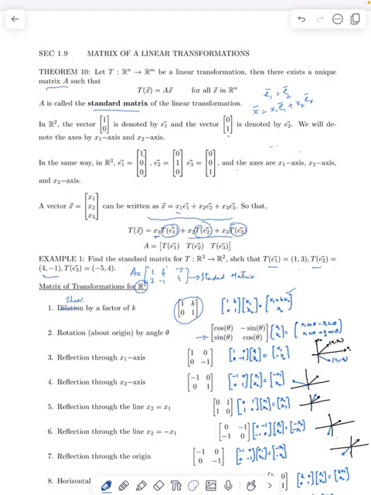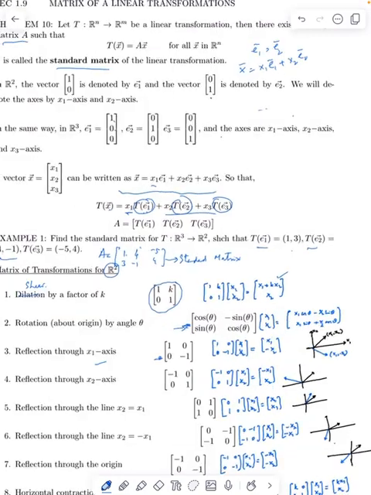So if you multiply the corners of a shape by this matrix, it will rotate the shape by angle theta in the anti-clockwise direction. This next matrix, when you multiply a vector with it, reflects the vector through the x1 axis.